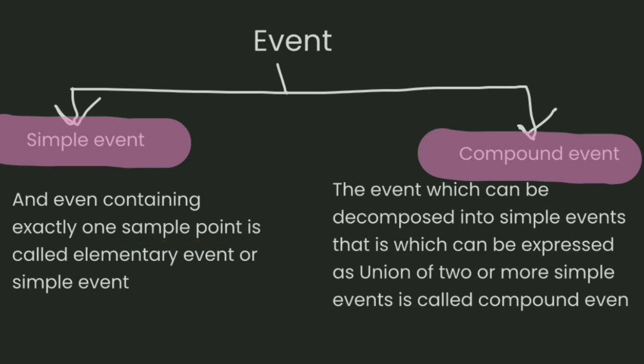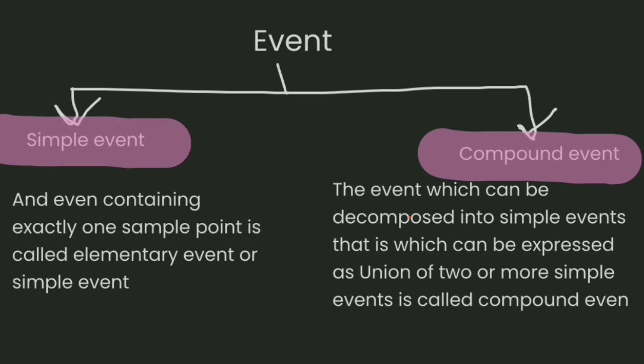But if I'm talking about a compound event, the event equals rolling a dice, suppose I want to get 3 and 4. I'm bothered about getting 3 and 4. So that could be a compound event, because we are not talking about one sample point at a time. We're talking about more than one sample point.